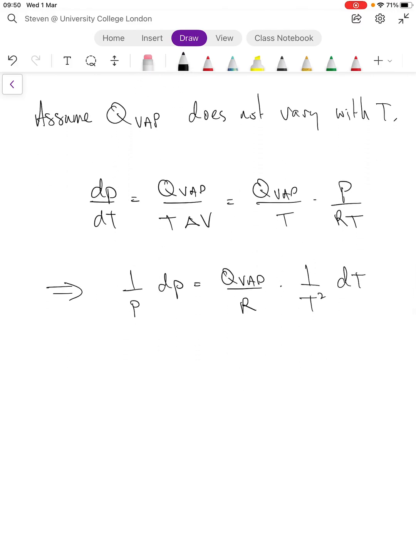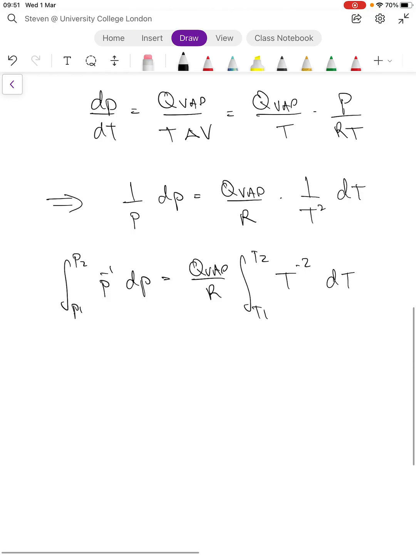Now we can do our integral. So we have the integral from P1 to P2 of P^-1 dP is equal to the latent heat of vaporization divided by the gas constant times the integral from T1 to T2 of T^-2 dT.